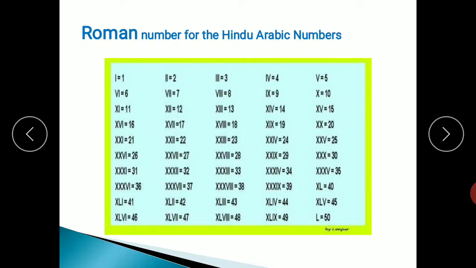Now we will see the last one. This is a new concept: Roman numbers for the Hindu Arabic numbers. Which are the Hindu Arabic numbers? 1, 2, 3, 4, 5, 6, 7, 8, 9, 10, and so on.